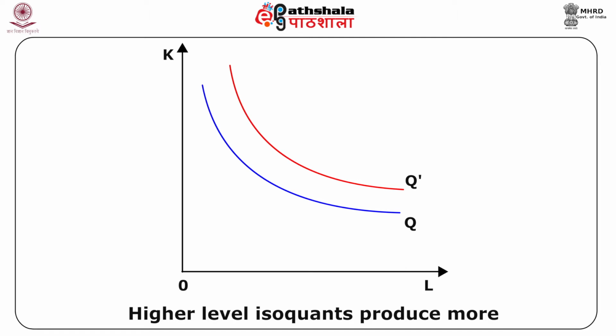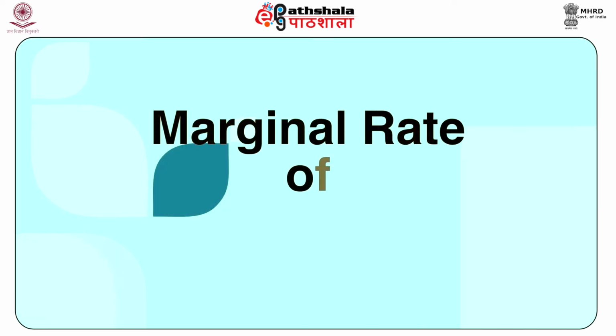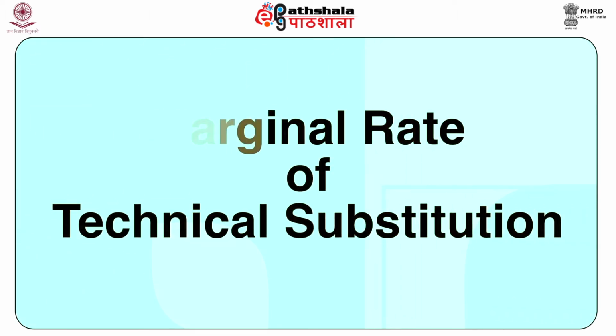their slope, and understand more clearly the relation between marginal product and its impact on the shape of the isoquant. The next is the marginal rate of technical substitution. We see that isoquants slope downward from left to right.